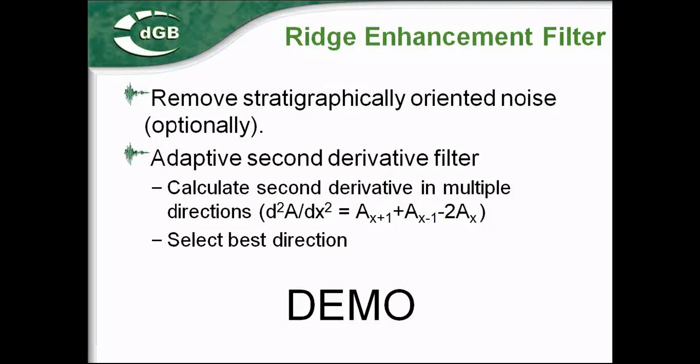Second order derivative filter is a filter that you use to make things sharper, crisper, and it's based on calculating the second derivative in multiple directions, all in a lateral sense, so in inline direction, a cross-line direction, or along a diagonal. And if you do that, it will emphasize actually where the point where you have your peak in your fault. And we created the filter from scratch in OpendTect.